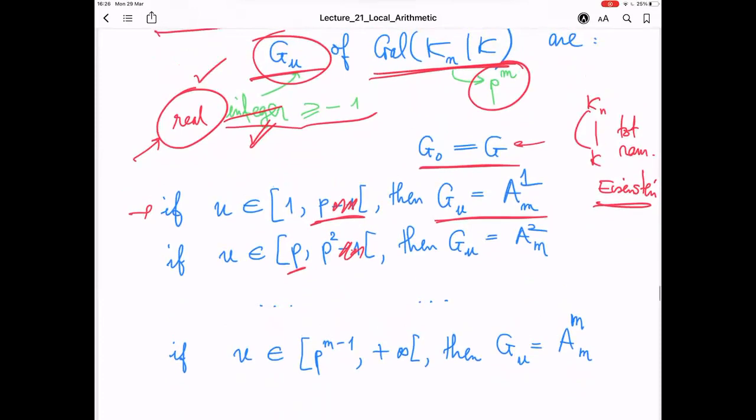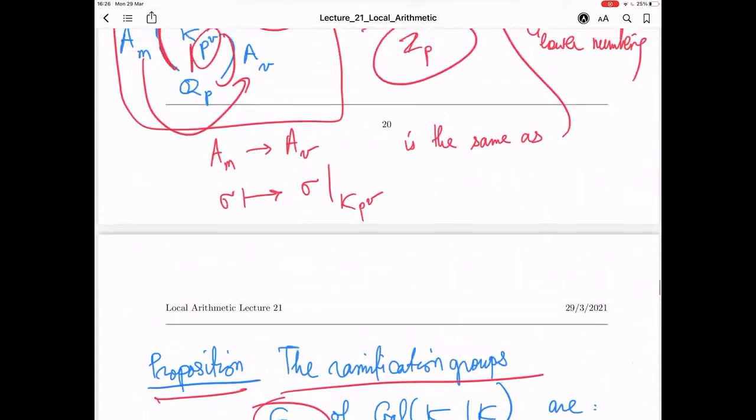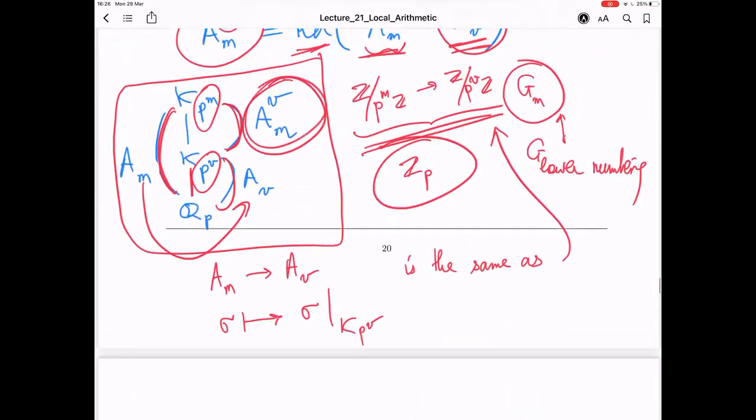Now I'm happier. So if I take u any real between 1 and p, but not equal to p, then G sub u is going to be equal to a_m^1. a_m^1 makes sense because I have defined a_m^v for every v between 0 and m.